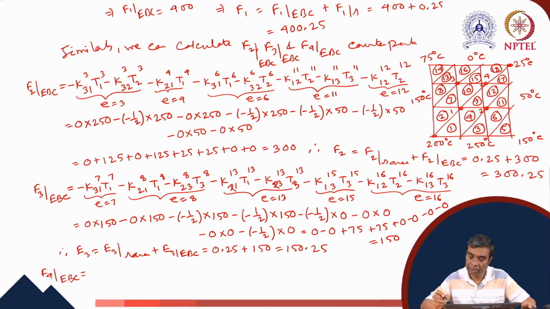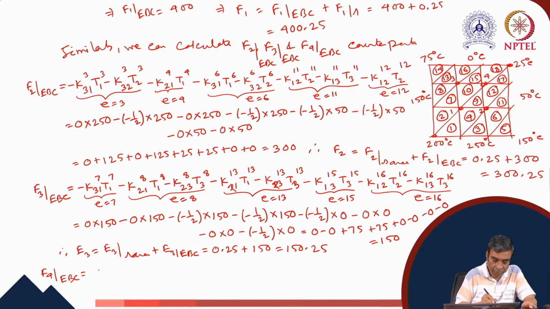For this case, our I is 3. So minus K 3 to 12, T to 12.